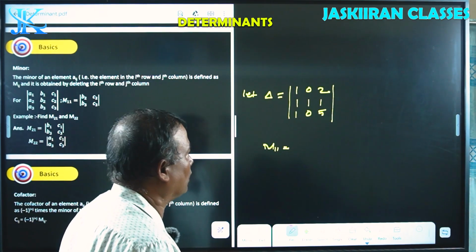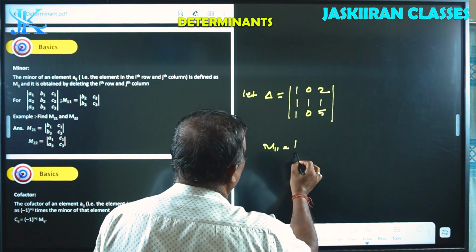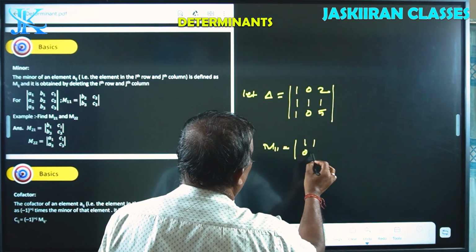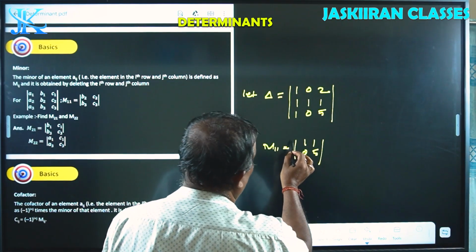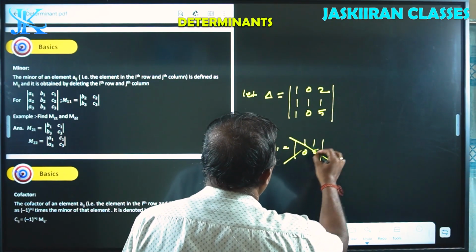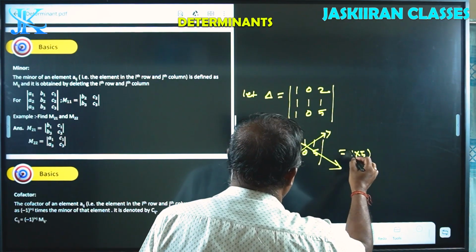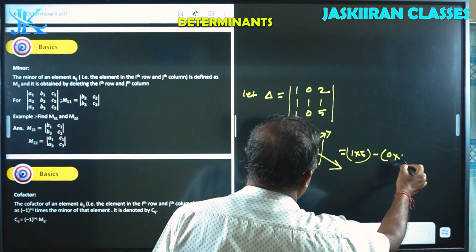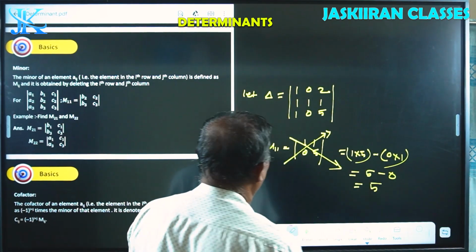How to get M11? Omitting the first row and first column, that is 1, 1, 1, 5. Now the value of M11 equals principal diagonal minus secondary diagonal. That is 1 into 5 minus 1 into 1 equals 5 minus 1 equals 4.